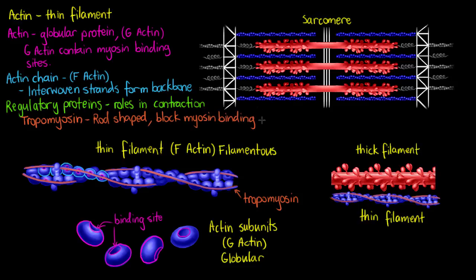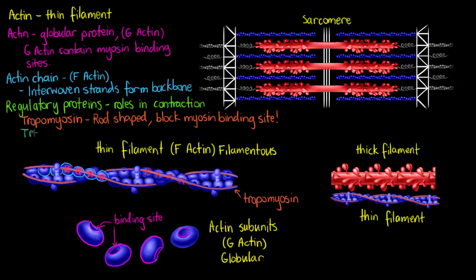But blocking your myosin binding sites on the actin will be a good thing. It's a regulatory function. This is going to stop your muscles being inappropriately contracted when you don't want them to be. And I'll show that up here now on the thin filament as well, that this tropomyosin is blocking all of these binding sites. Myosin can't bind.